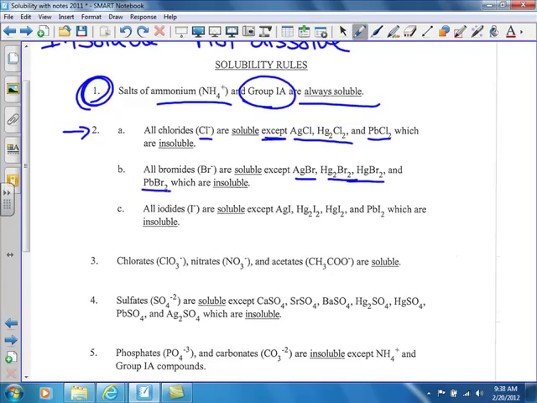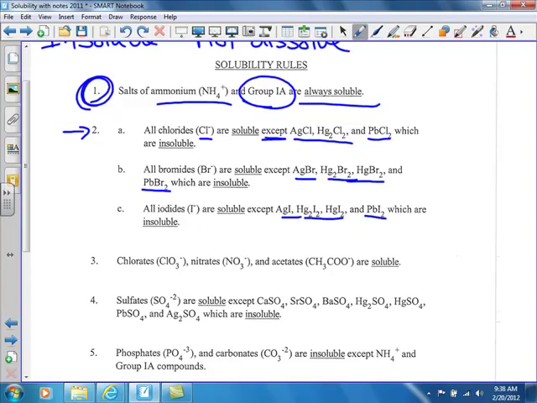All iodides are soluble except silver, mercury, and lead. So pretty much every halogen is going to be soluble unless it's with silver, mercury, or lead. Then it's not going to be soluble. If you just remember that silver, mercury, and lead are bad elements for solubility, you'll have a good idea of how to use this rule.